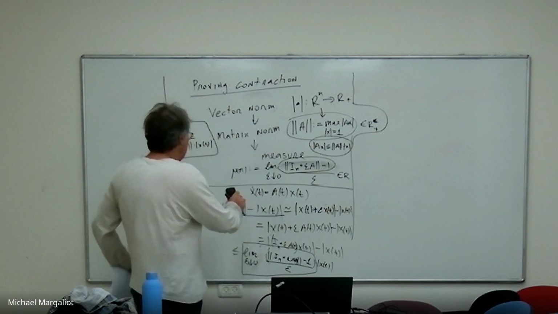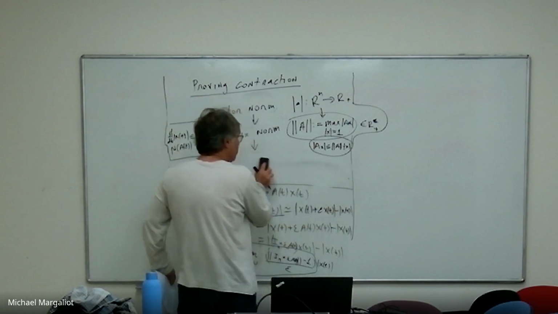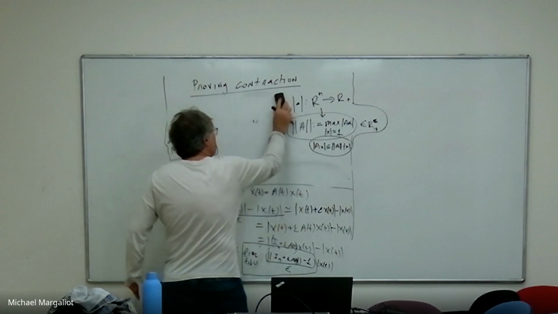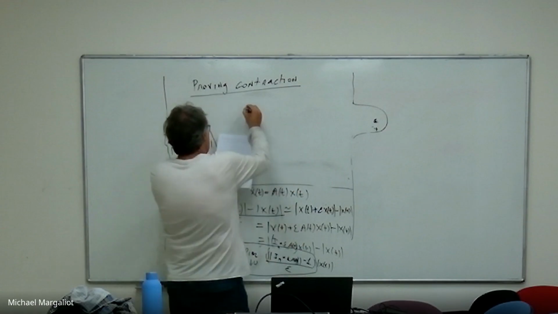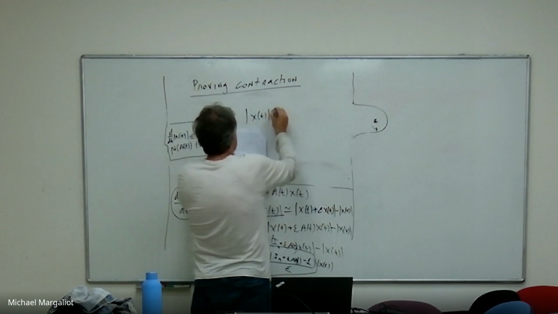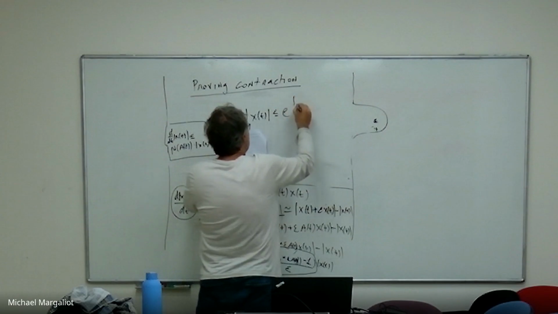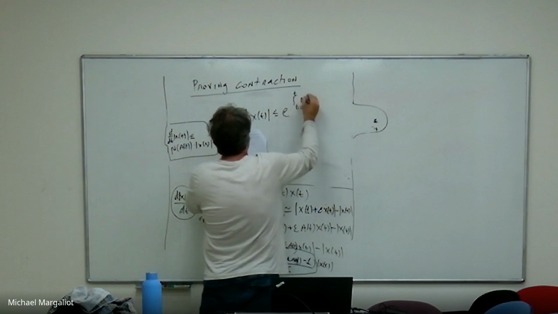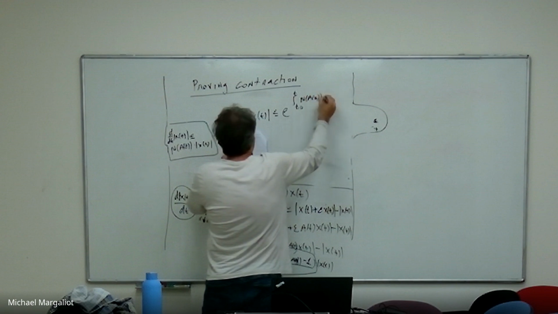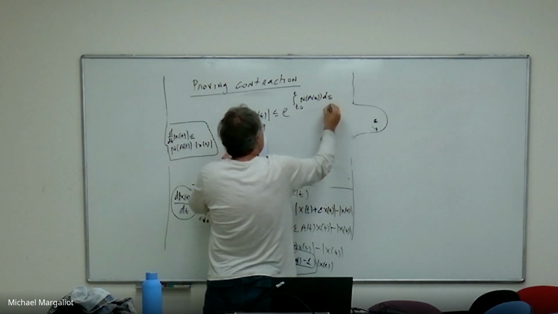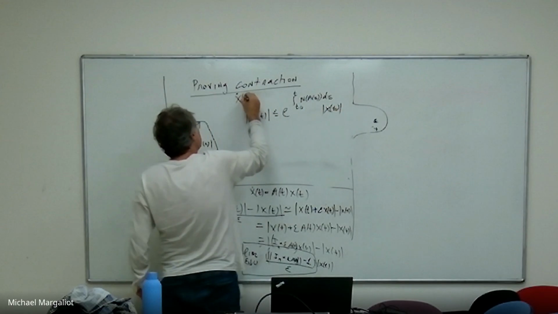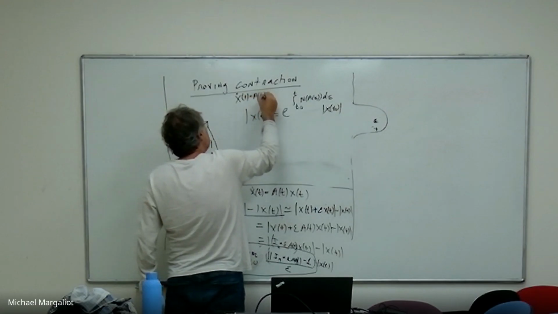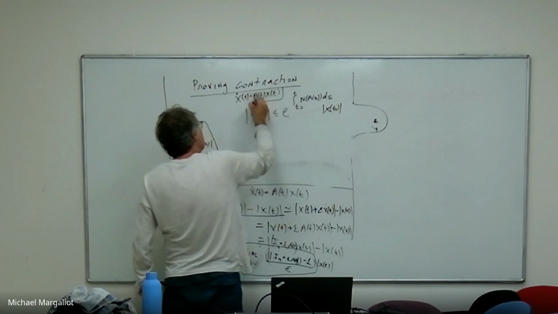Coppel's inequality says, so let me erase this. I hope it's clear now where this matrix measure came from. Coppel's inequality says that the norm of x(t) is smaller or equal to the exponential of the integral from 0 to t of mu(A(s)) ds, times the norm of x(t0). Again, we are studying this system, we are studying the trajectories of this system.